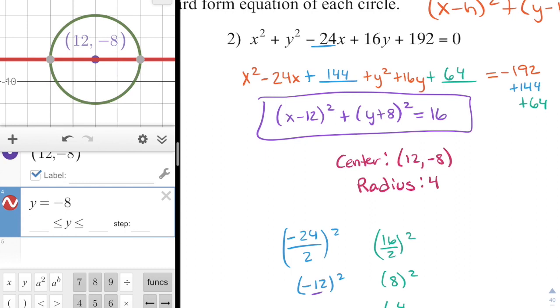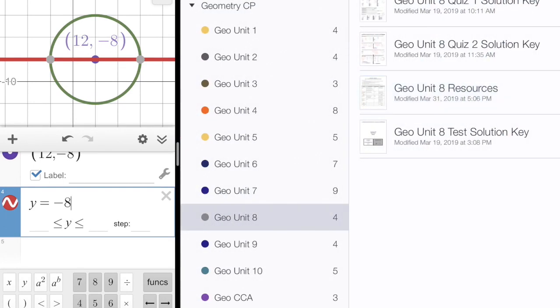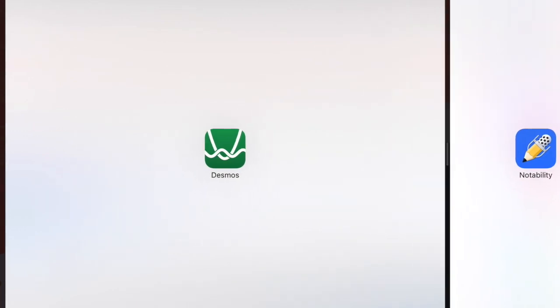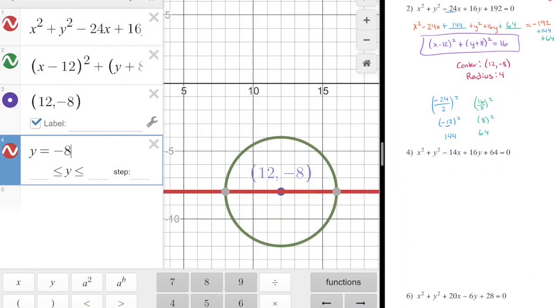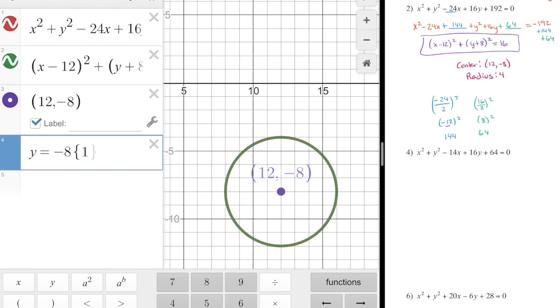Let me go full Desmos and bracket. I'll go between 12 and 16, because that'll be my radius right there.